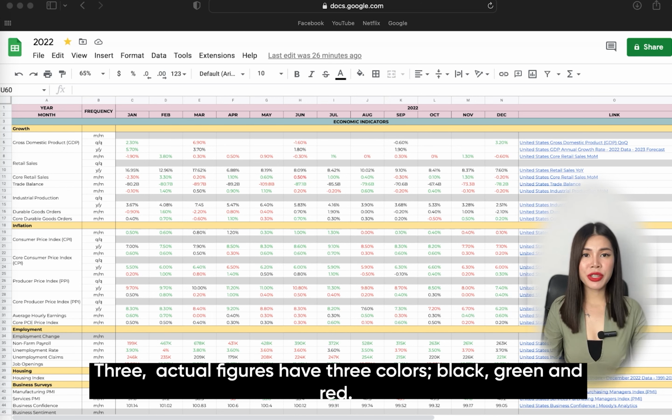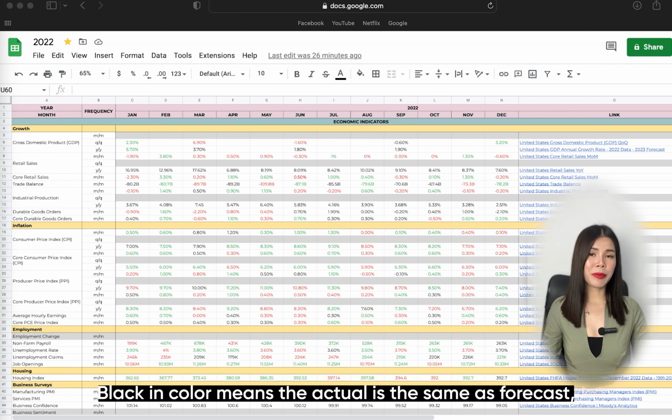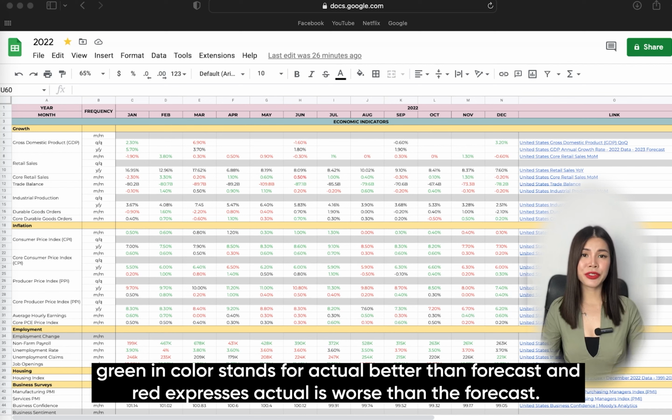3. Actual figures have three colors: black, green, and red. This is synonymous with how economic calendars, such as forexfactory.com, present the actual figure. Black in color means the actual is the same as the forecast. Green stands for actual better than forecast, and red expresses actual is worse than the forecast.